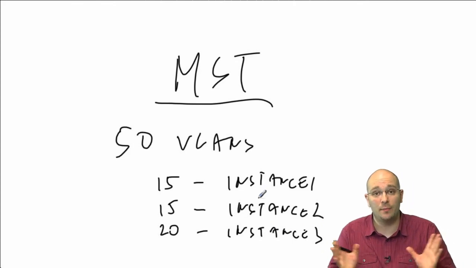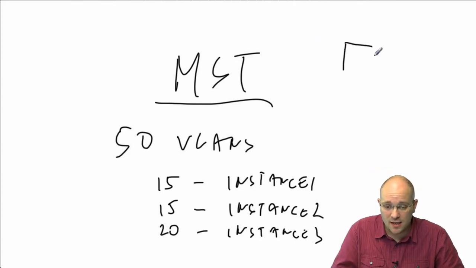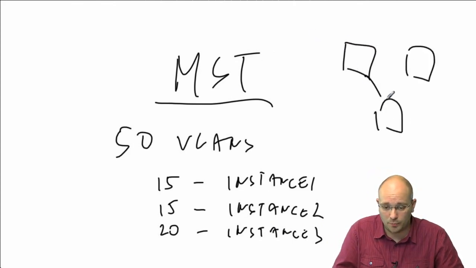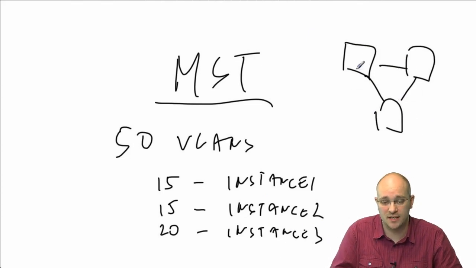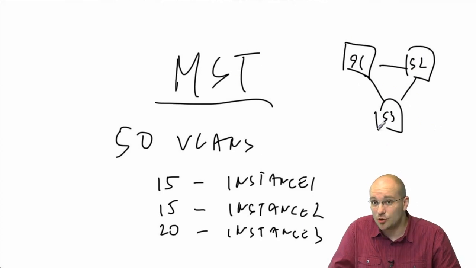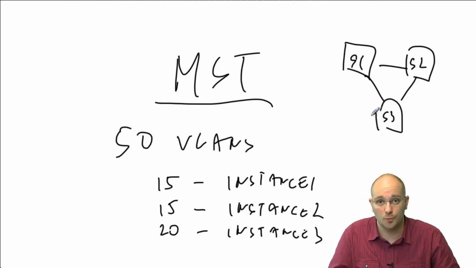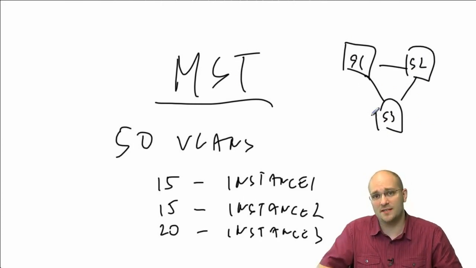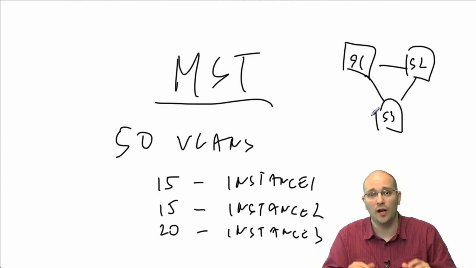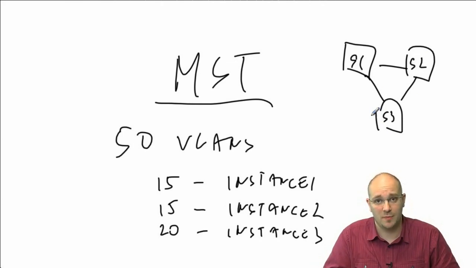And then we could end up having our 3 logical topologies with our switches, switch 1, switch 2, and switch 3. So this is what multiple spanning tree allows us to do. Now the time has come to actually explore these different flavors of spanning tree in greater detail. So let's do that.